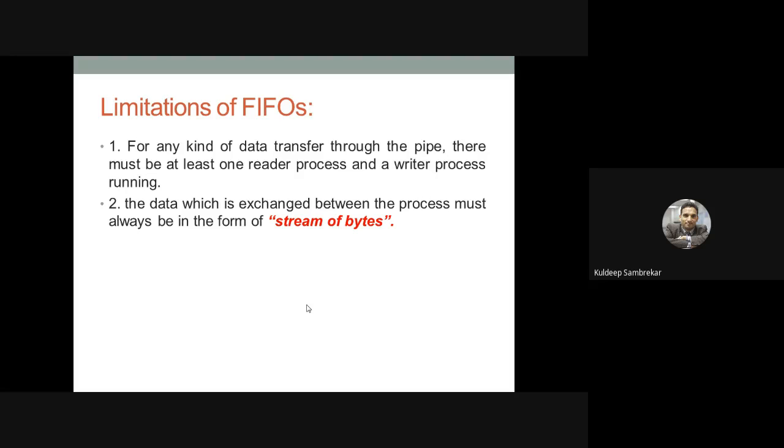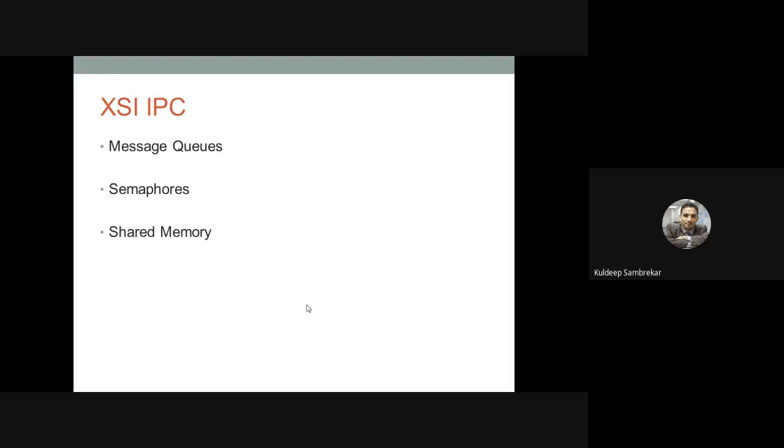The other limitation is that the data being exchanged between the processes should be in the form of a stream of bytes only. The limitations of this were overcome by another set of IPCs, which are message queues, semaphores, and shared memory. Please make a note of it. Just like pipes and FIFOs, these are also inter-process communication means.